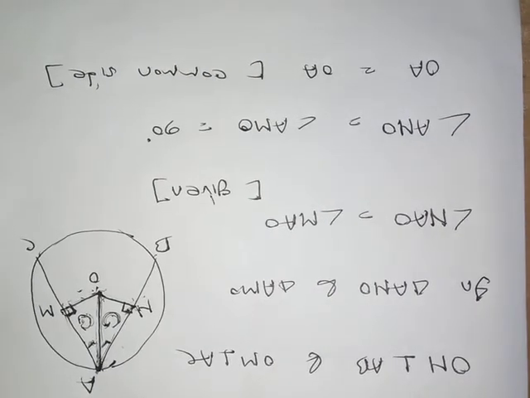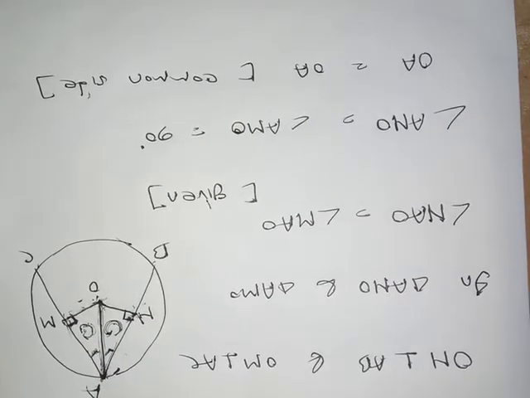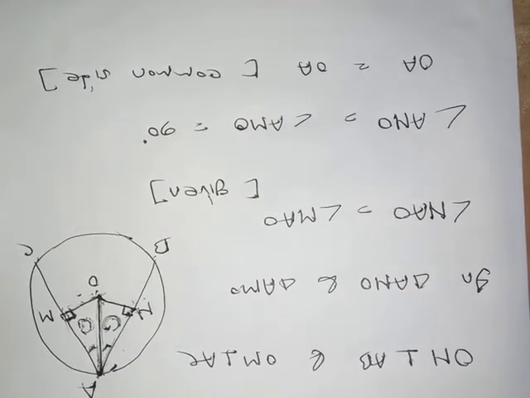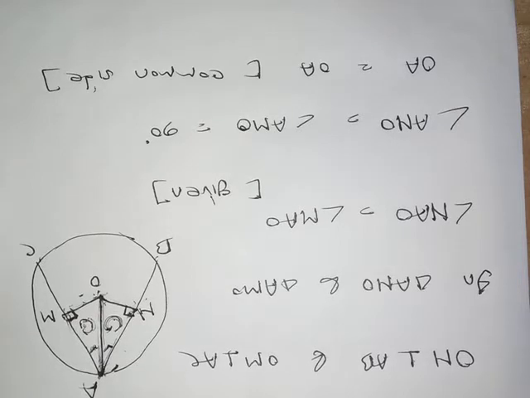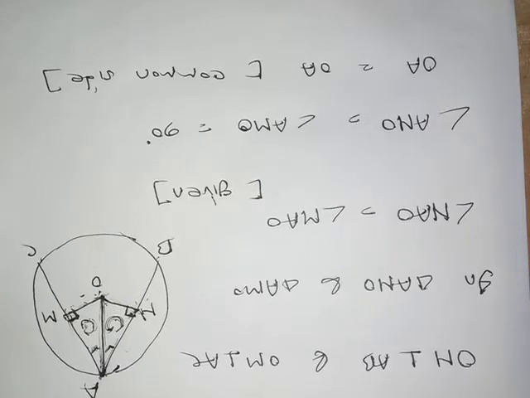So there is a theorem in the class 7 book that if two angles and one side of a triangle are equal to two angles and one side of another triangle, we can say that the two triangles are congruent.